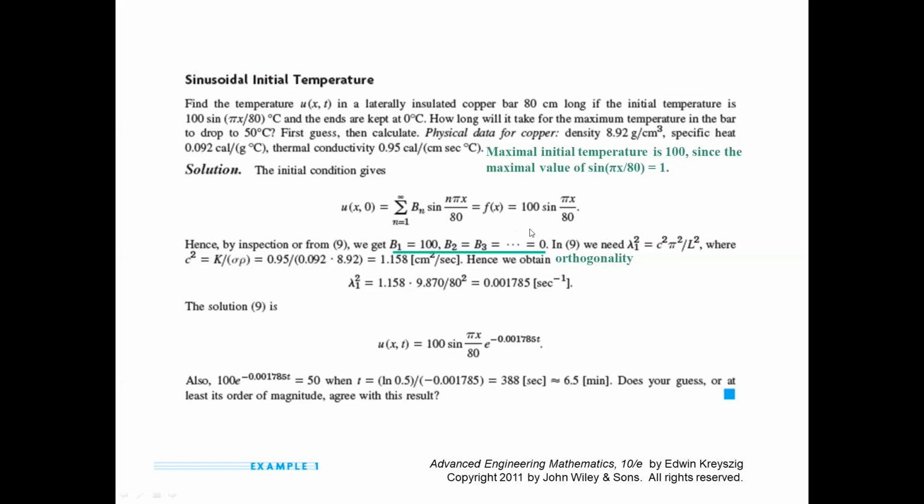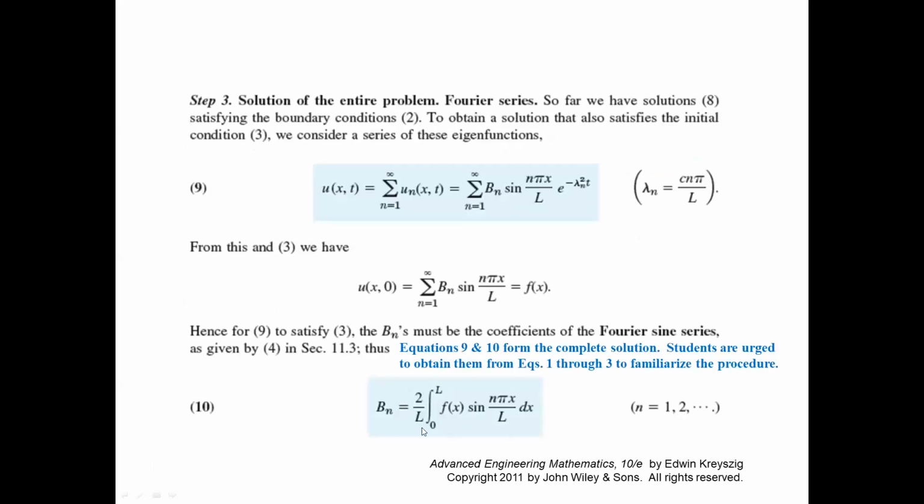This is the initial condition, 100 times sine pi x divided by 80. Putting this into the Fourier coefficients we discussed on the last slide, putting this here, notice we have 100 times sine pi x over 80.